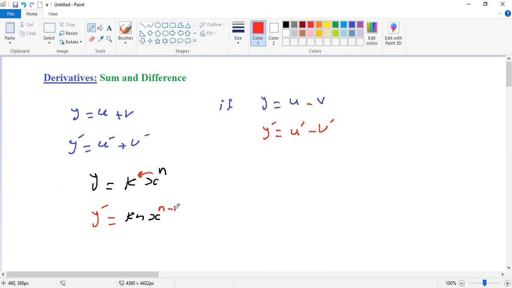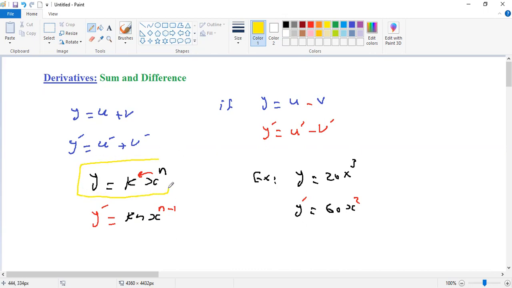So again, for example, if we have y equal to 20x cubed, then y prime, or dy/dx, equals 3 times 20, which is 60, and x to the power 3 minus 1, which is 2. So this is the rule.